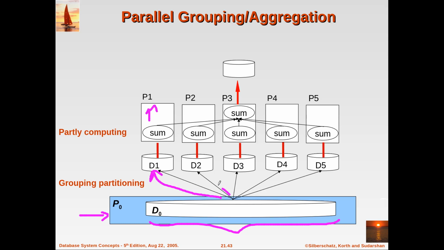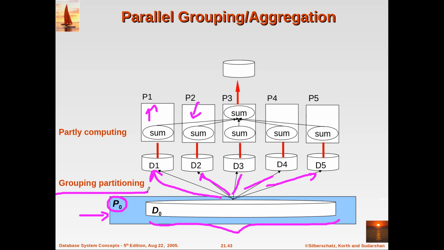Some tuples will be passed to D2, which is part of P2. Similarly, some tuples go to D3, D4 and D5. Assume that the entire relation is present in a single disk, which is part of processor P0. First of all, we need to do the partitioning.